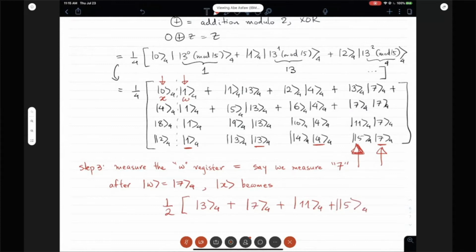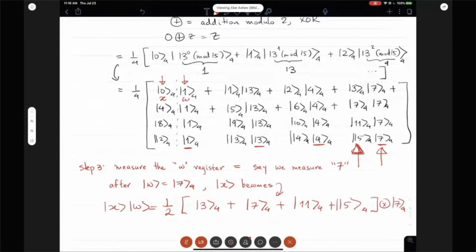And x becomes this part, and w becomes 7. So this is what these look like. I hope exactly. I see all of you making this comment that we get 3, 7, 11, and 15 with equal probability. That's really nice.